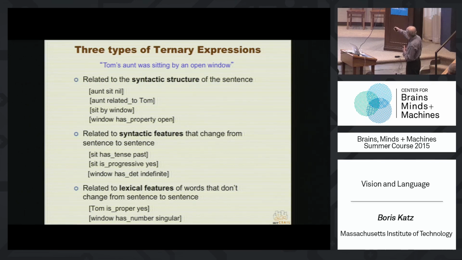She was sitting, it's said here, that it's a progressive tense, was sitting. And also what kind of articles things have, that the window had an indefinite article. And also the lexical features that don't change from sentence to sentence, the fact that Tom is a proper noun and so forth.